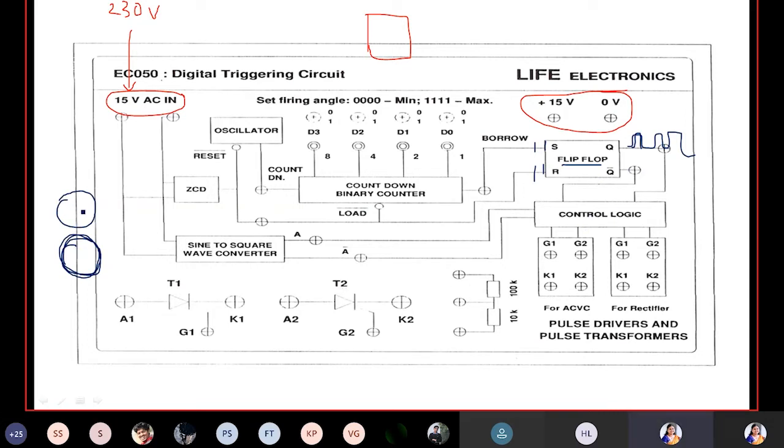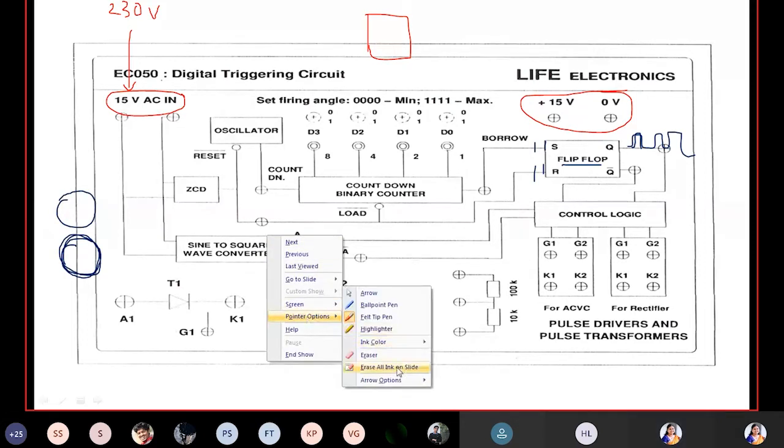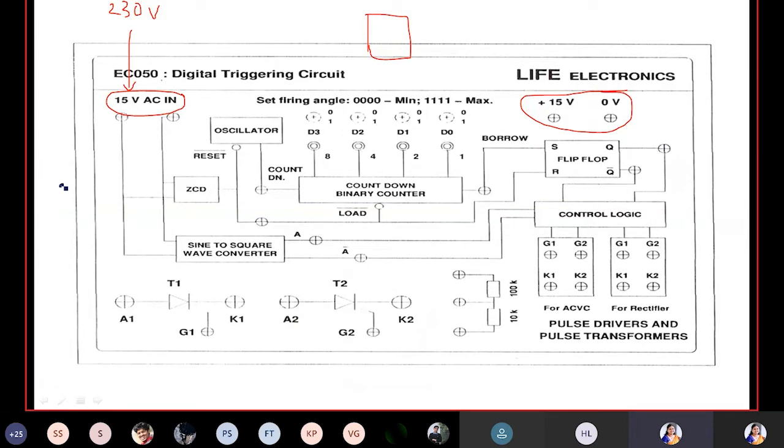Let's assume this is the AC supply from the main terminals. You will be provided with a 2-pin plug, with 2 supply terminals.